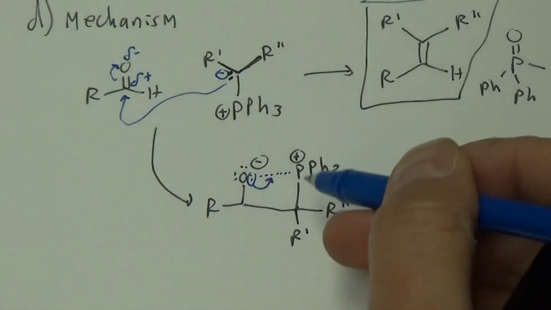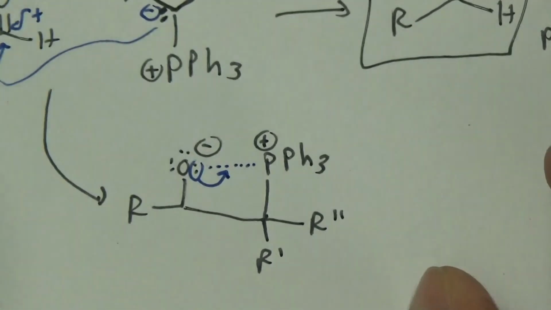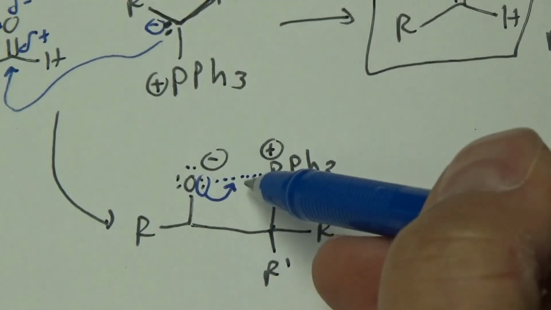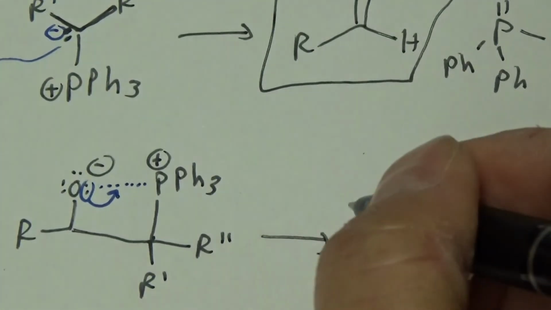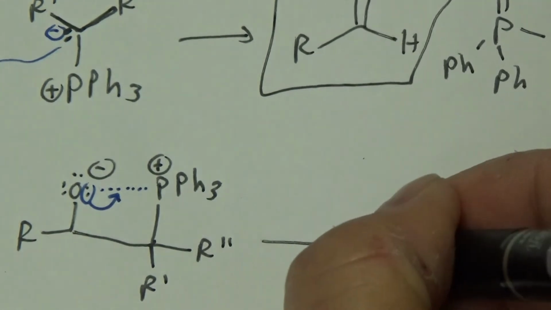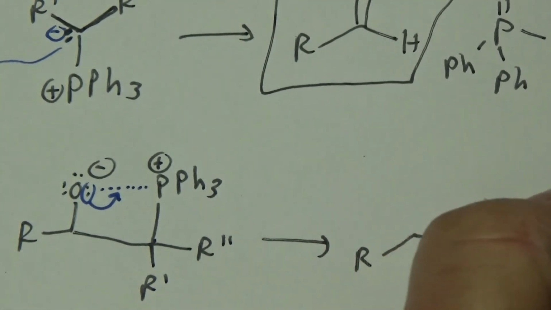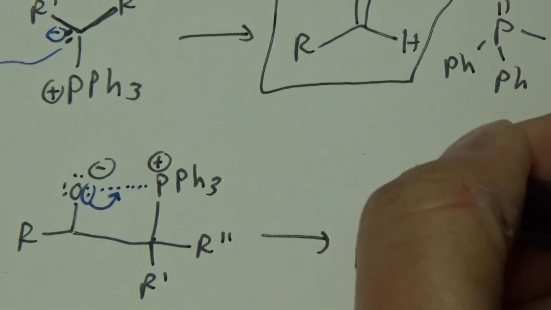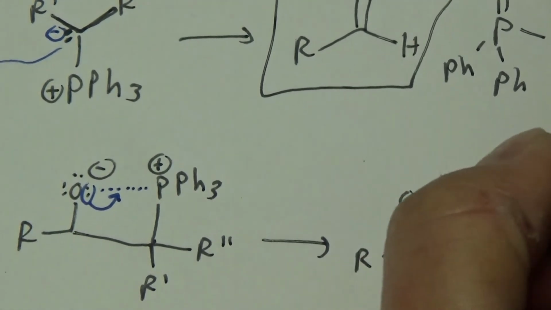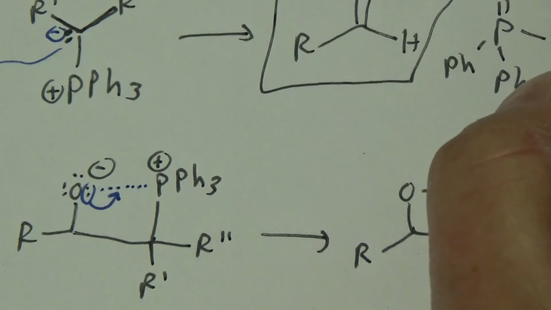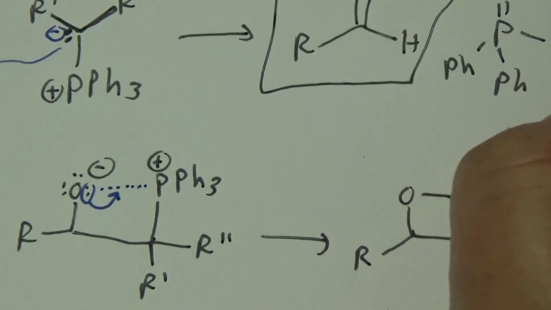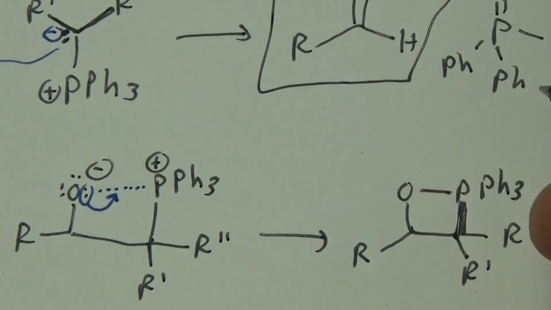They just form a bond. So the negatively charged thing attacks, makes a bond to the positively charged thing. Okay? And what's that make? R', R'', yeah, it just makes a little thing like that, PPh3.